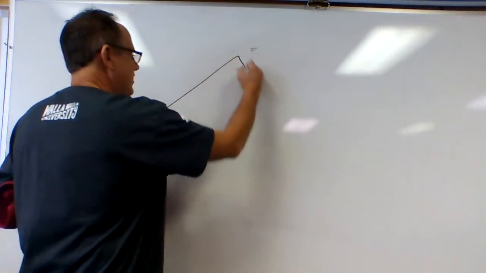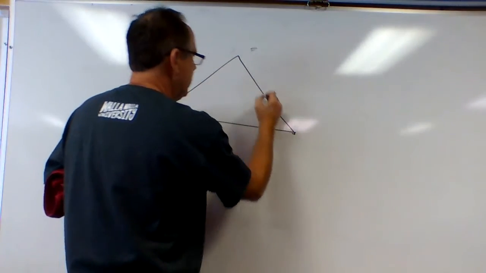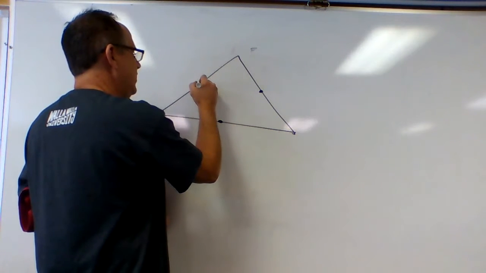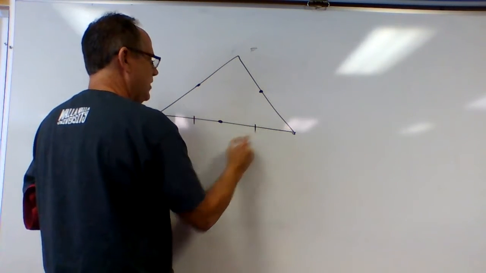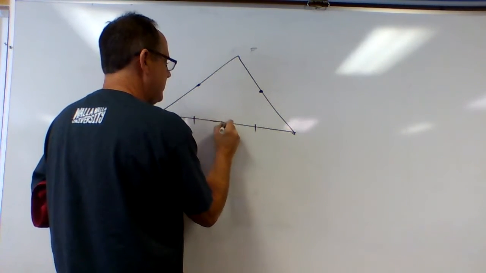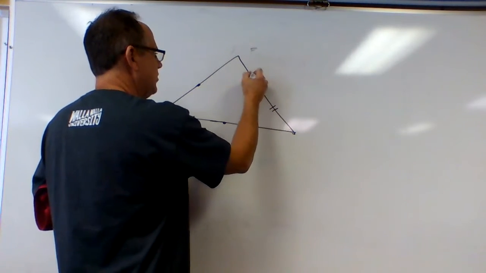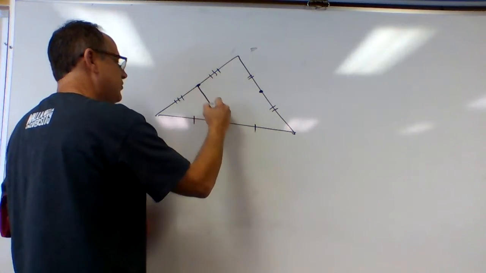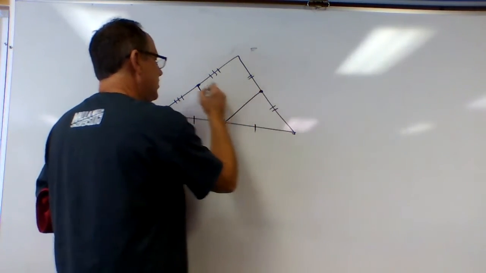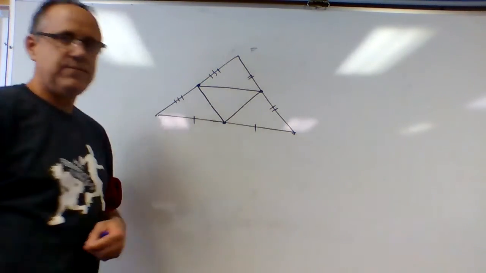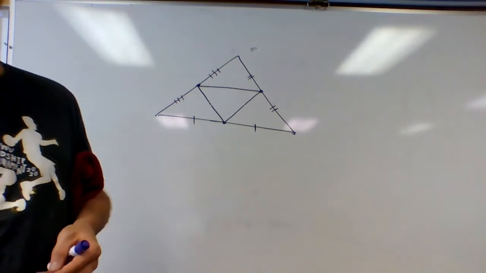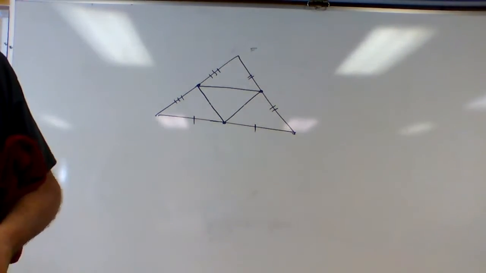So we take the midpoint of here, the midpoint of here, and the midpoint of here. This would be congruent to that, this would be congruent to that, and this would be congruent to that, because those 3 points are the midsegments.